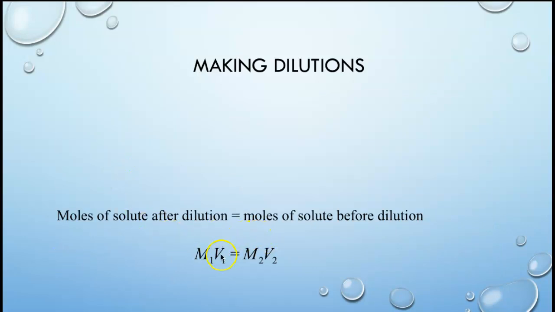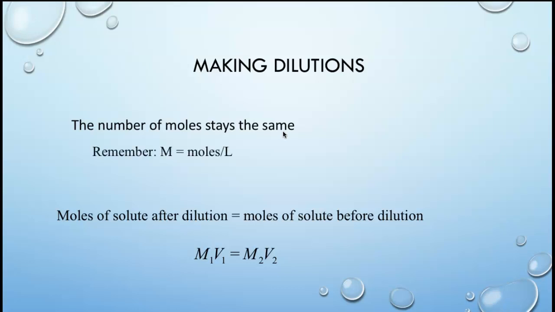So this is the formula that we're going to use: M1 times V1 is equal to M2 times V2. So how do we get that? Well, we said that the number of moles stays the same. Remember in the previous example, you got your sugar cubes, you're just adding more tea, but the amount of sugar is going to stay the same.